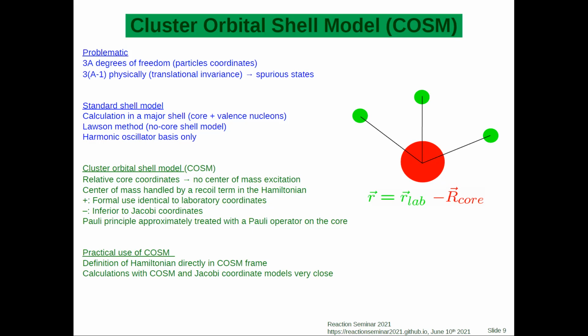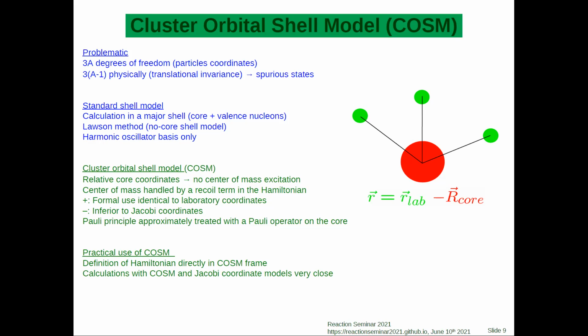We cannot use Gamow shell model with a cluster orbital shell model. So in practice, we have to define Hamiltonians directly in COSM frame, so we cannot start with a realistic interaction. What we do is to have a one body part, a two body part, and we fit parameters. In this way, we can have an effective Hamiltonian reproducing the effect of realistic interactions.